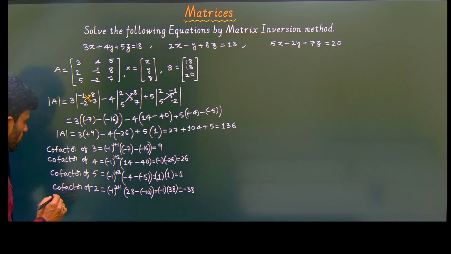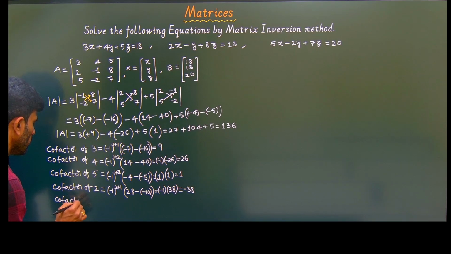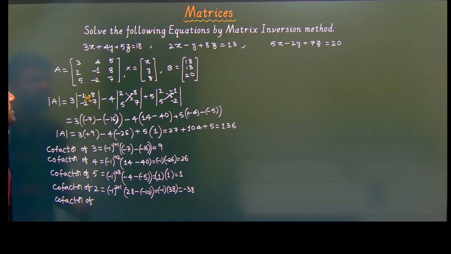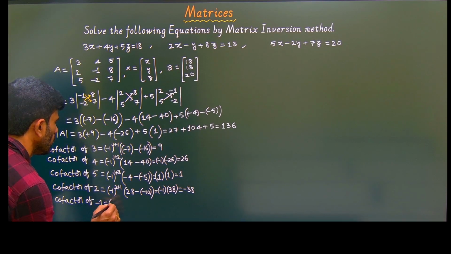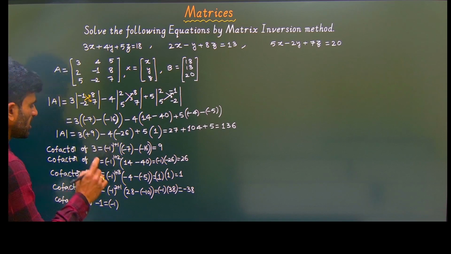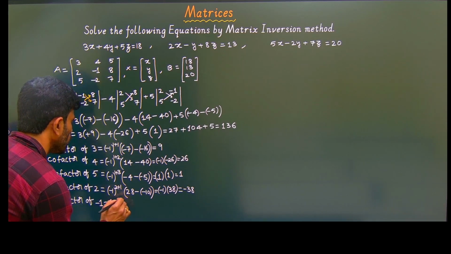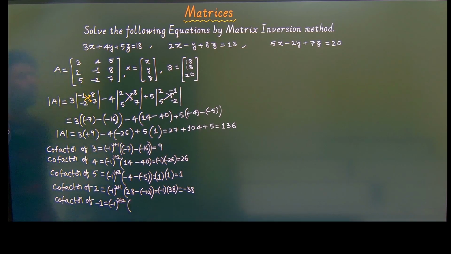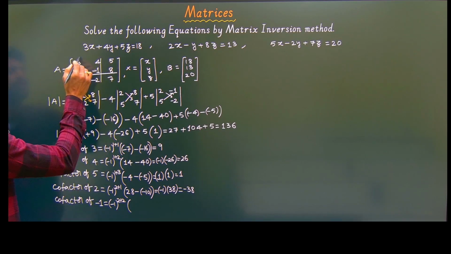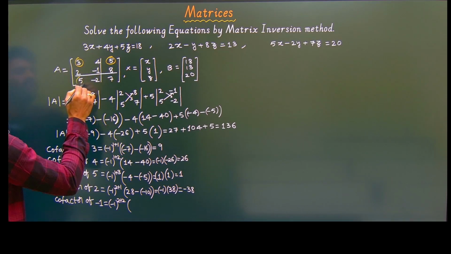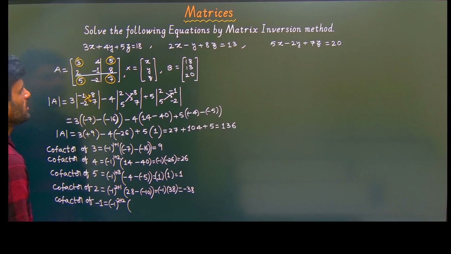Now we have to find cofactor of minus 1. Cofactor of minus 1 is present in second row, second column. So minus 1 whole to the power of 2 plus 2, into, that row and column should be eliminated. Then we'll be having 3, 5, 5, 7.